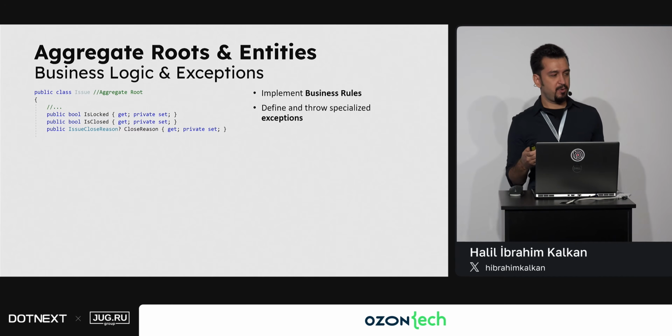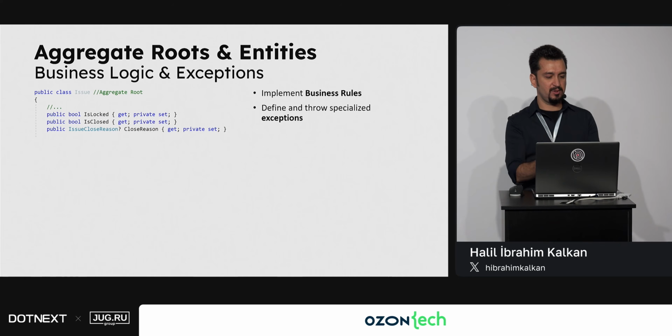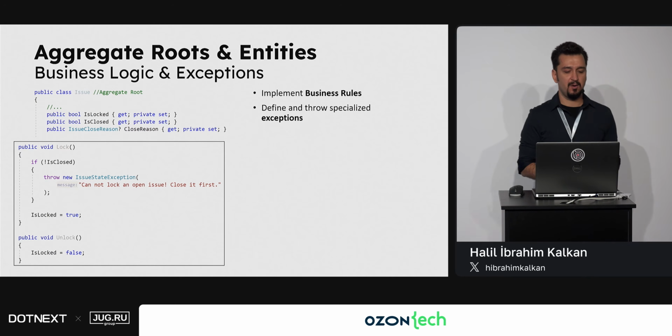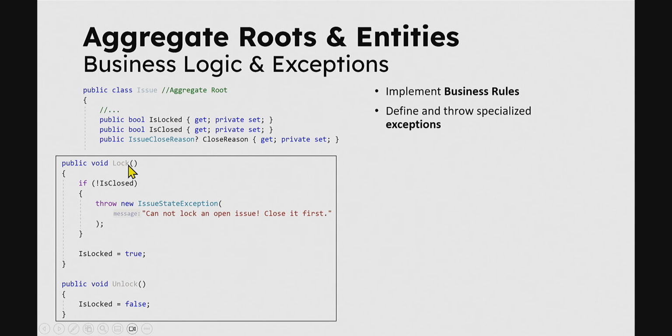Okay, we have methods to change properties and a good constructor, but we also need to implement business logic related to this entity. The entity should implement its own business logic. For example, if I want to lock an issue, there may be a business rule, like if it's not closed, it doesn't allow locking.